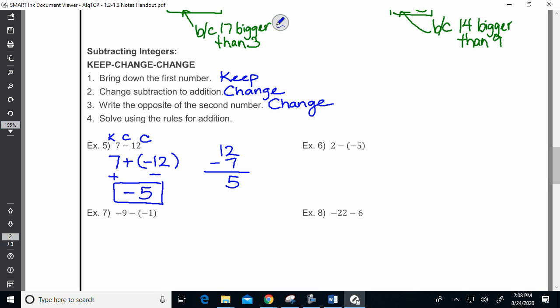All right, problem 6. So 2 minus -5, keep the first number, change subtraction to addition, take the opposite of the second number, which is 5. And 2 plus 5 will give you 7. Both of those are positive numbers, so that's pretty easy.